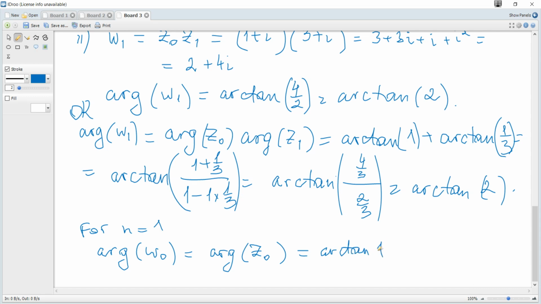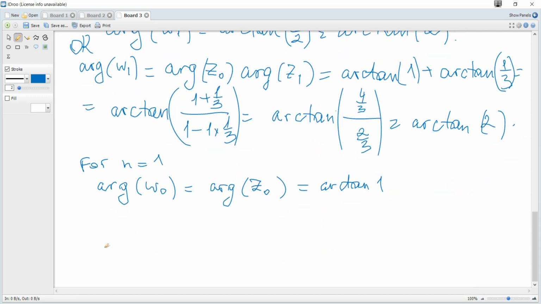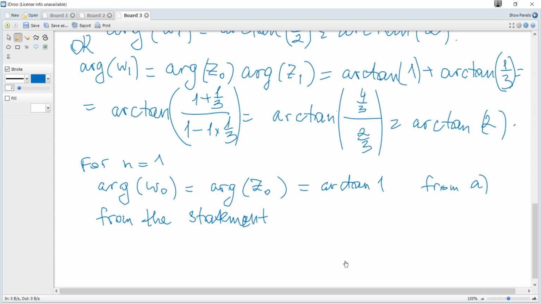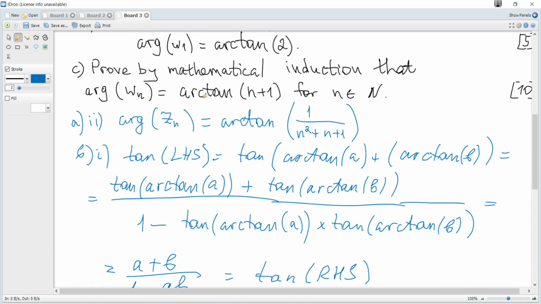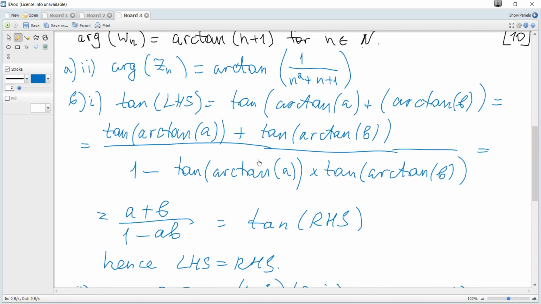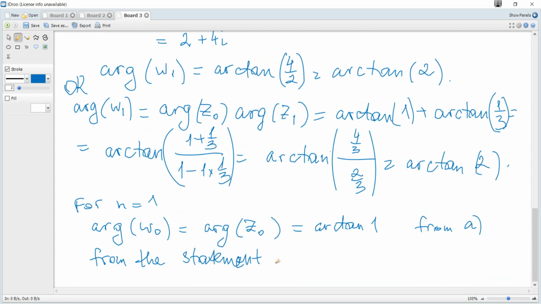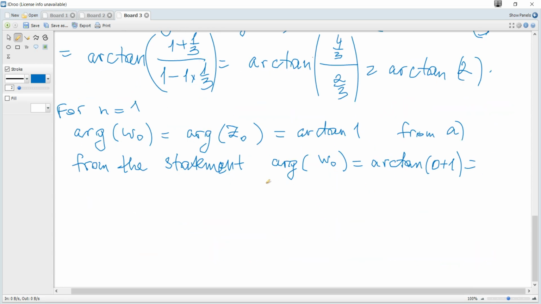And from the statement, we can see that it should be arctangent of n plus 1, so the argument of w_0 is arctangent of 0 plus 1, which is arctangent of 1.